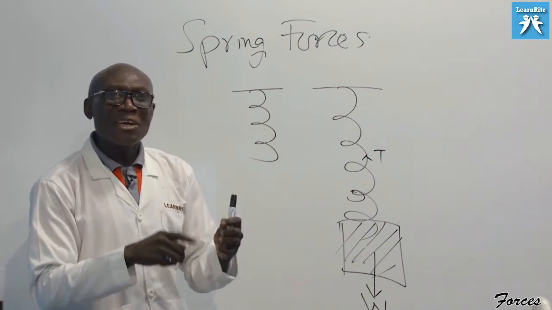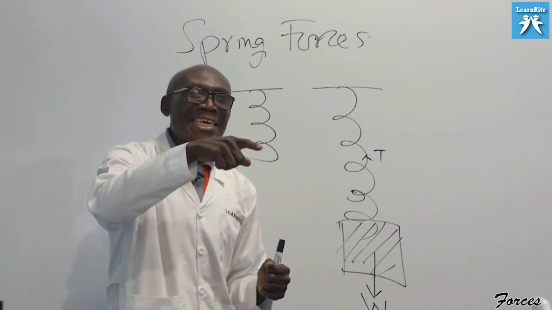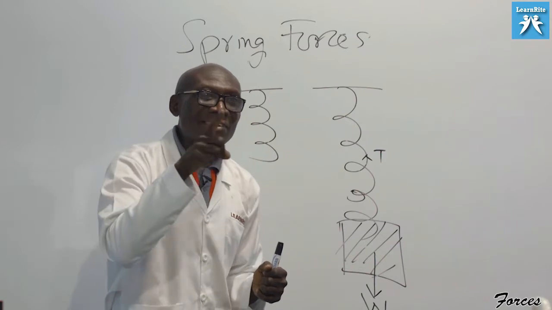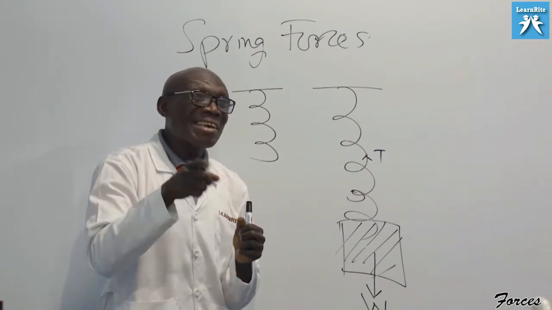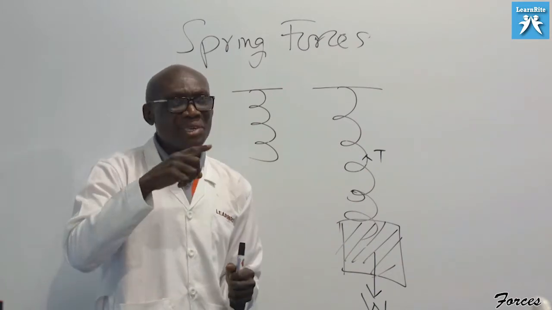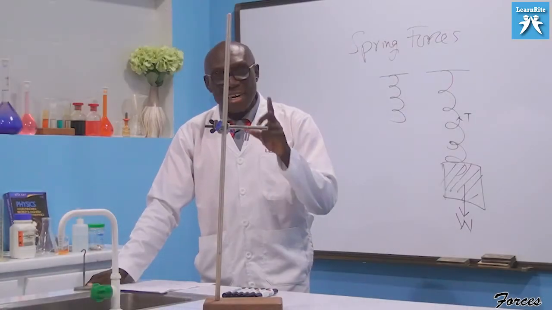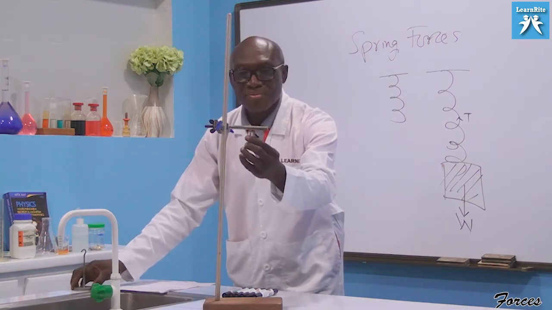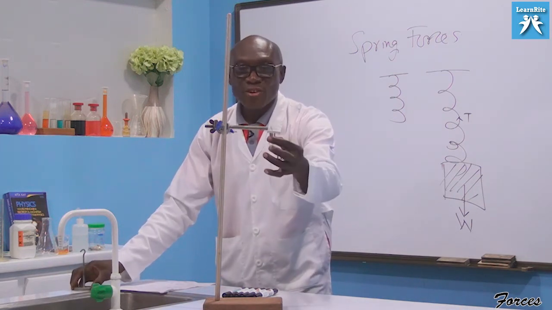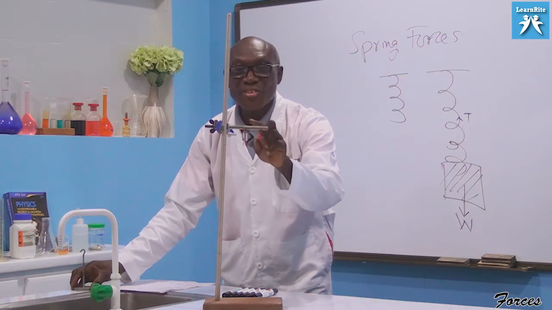So can't we say this? That tension in a spring is an example of a spring force. Tension is an example of a spring force. I will demonstrate it. For an illustration, I have this spring, and I suspend this spring on this rod.